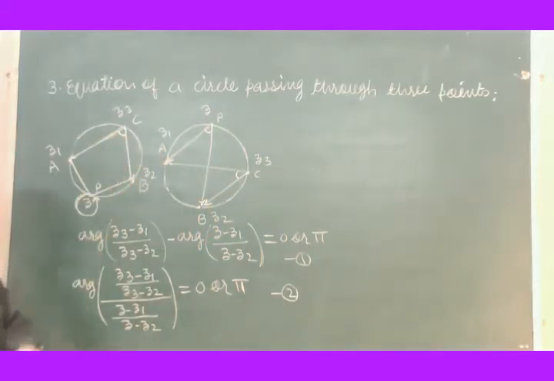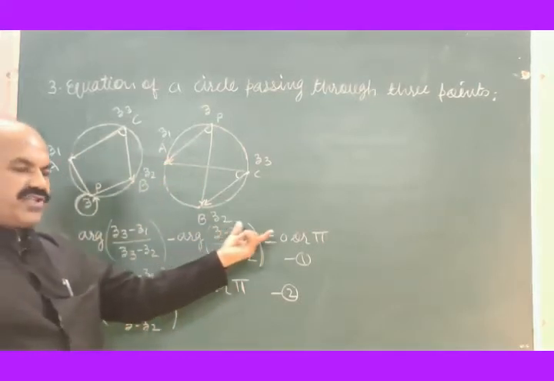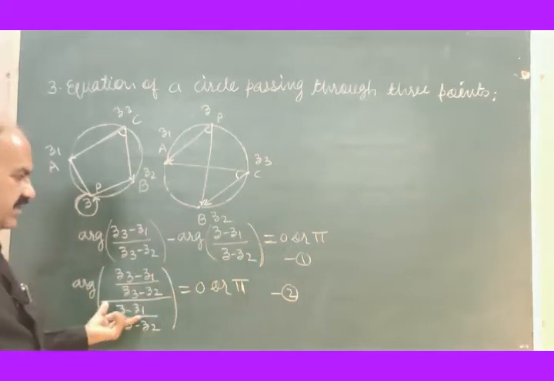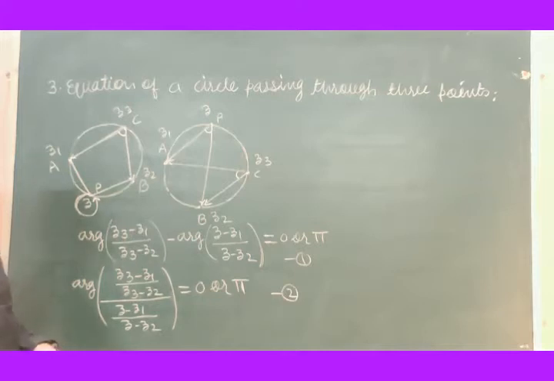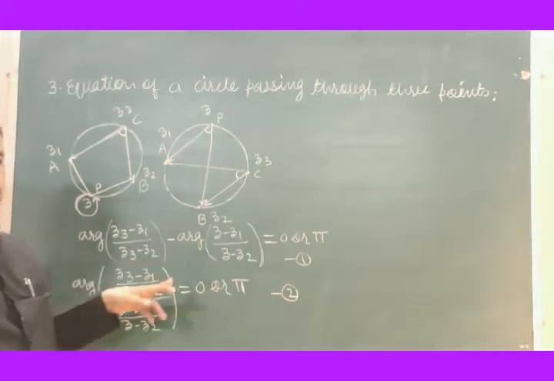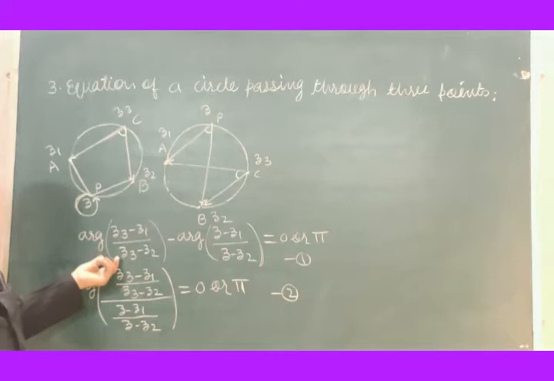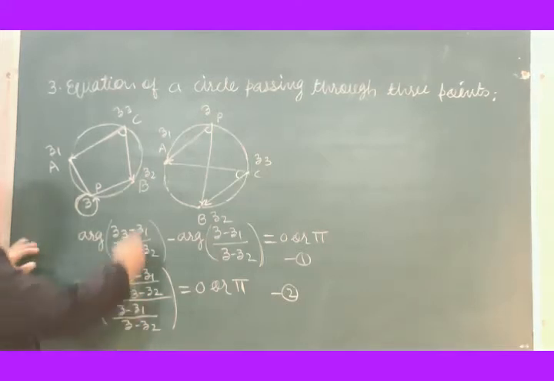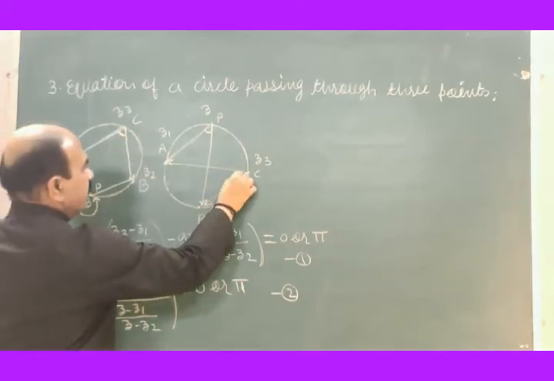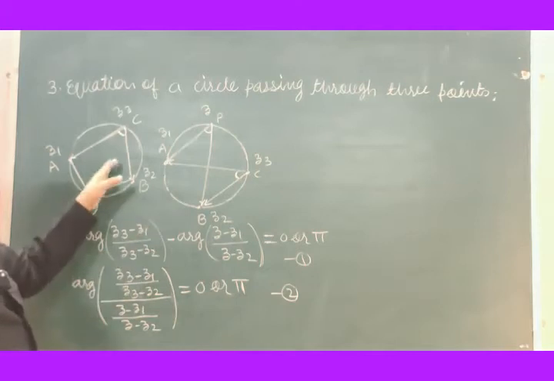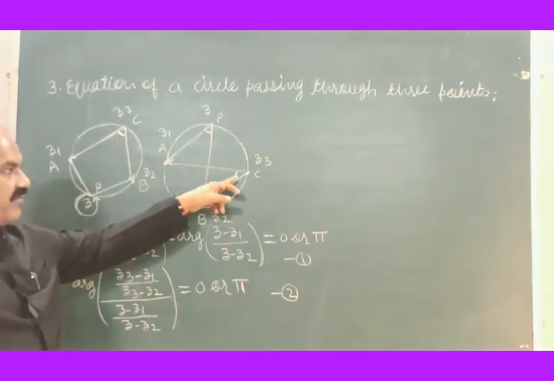From these two geometries, from geometry of this figure and this figure, we can write equation 1, equation 2. Equation 1 and 2 are same. Let us see what is the meaning of this. Meaning of argument of (Z3 minus Z1) divided by (Z3 minus Z2) is this angle or this angle. If you go to figure 1, it will be this angle. If you go to figure 2, it will be this angle.